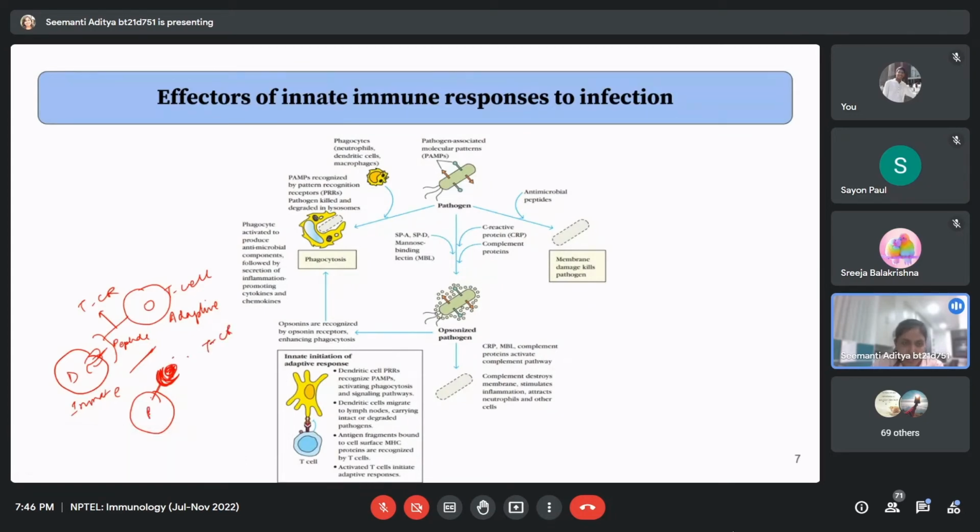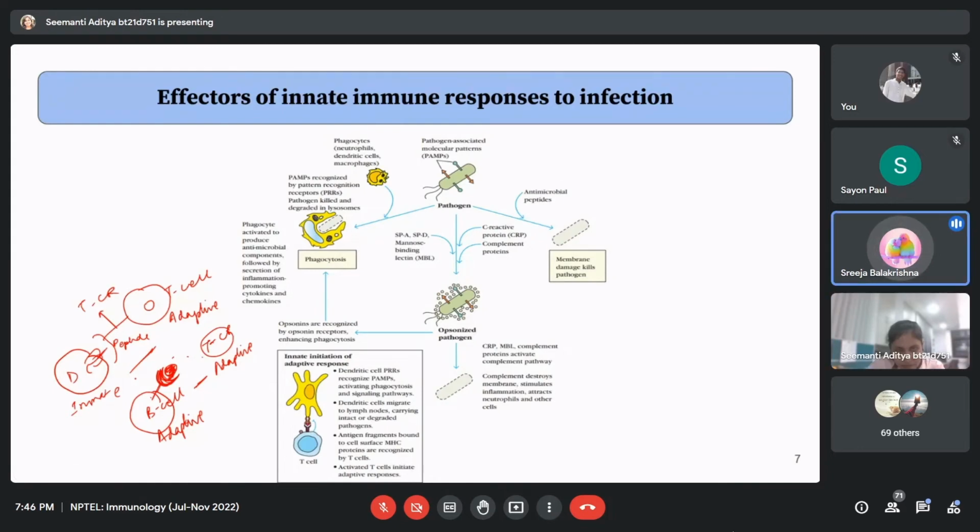The B cell receptor belongs to the adaptive immune system only, and the T cell receptor is also adaptive, so it is not going to act as a bridge. The bridge is only formed by the dendritic cells.